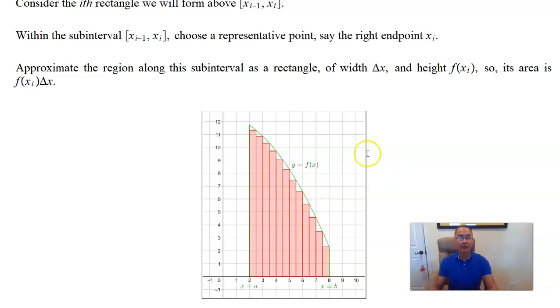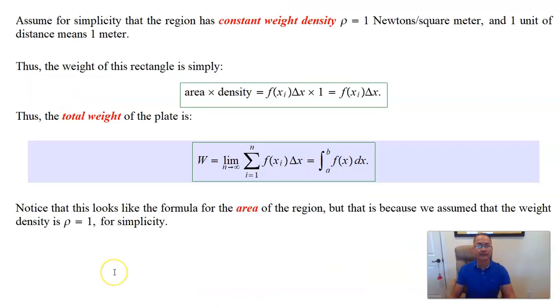Okay, so of course, to find the weight of this rectangle, we will need its area. And the area is, of course, the height, f of xi, times the base, which is delta x. All right, so we saw when we solved for d a couple of minutes ago, we found the fraction, and in the denominator we had w1 plus w2 plus w3, the total weight of our system.